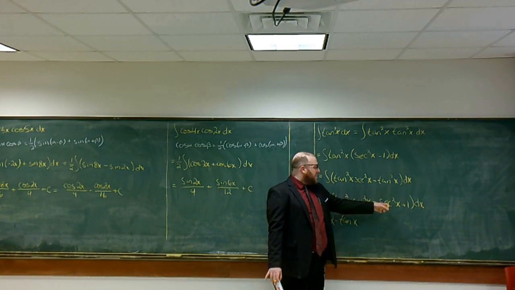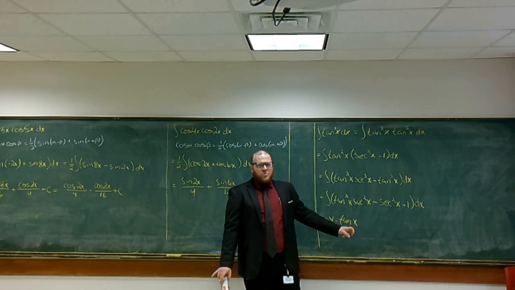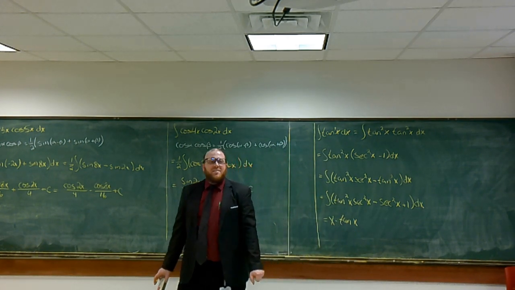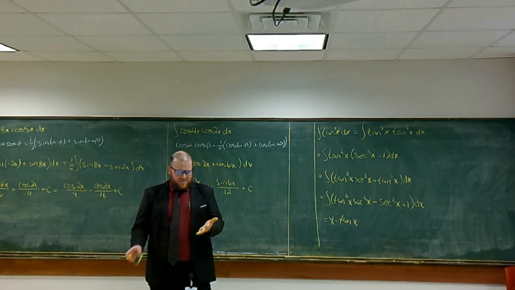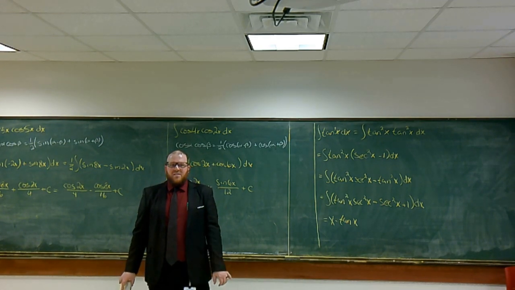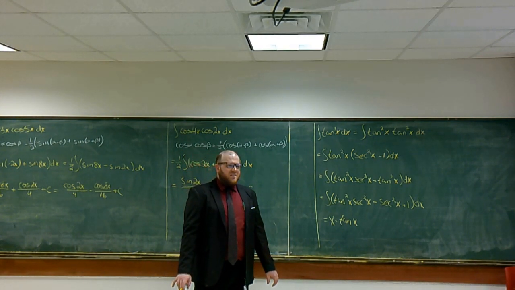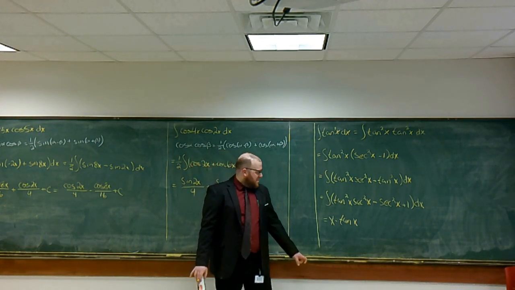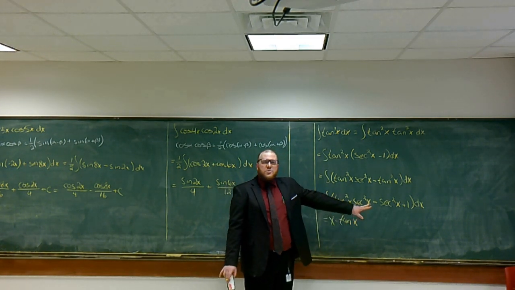Well, if the antiderivative of secant squared is tangent, then what's the derivative of tangent? Derivative of tangent would be secant squared, right?